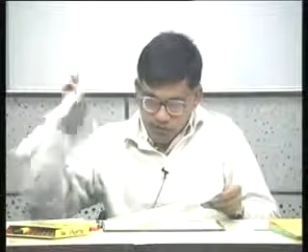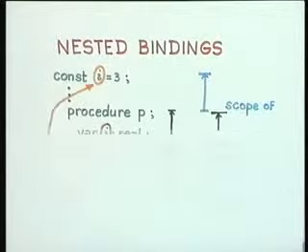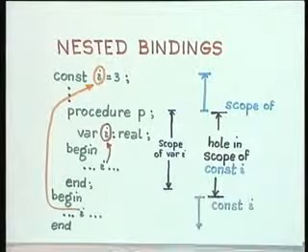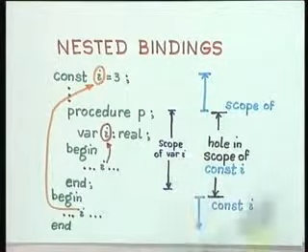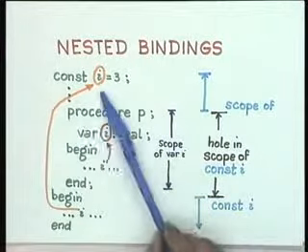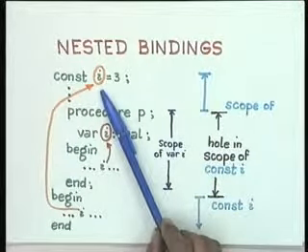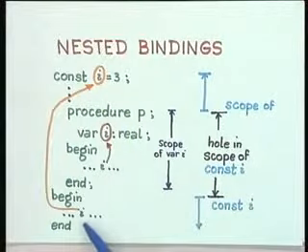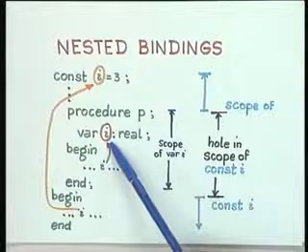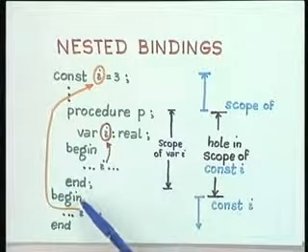So you could have nested bindings, right. For example, here is a typical Pascal like program fragment in which you have a declaration of the identifier I here, and you have another declaration of I as a variable here.